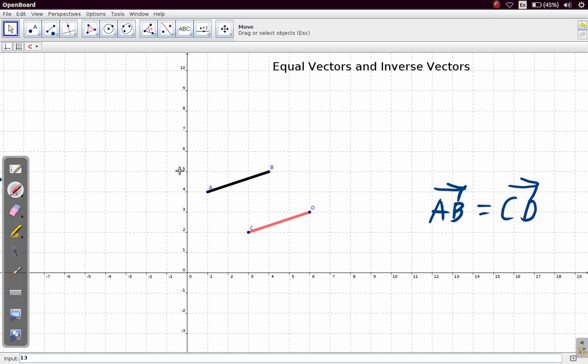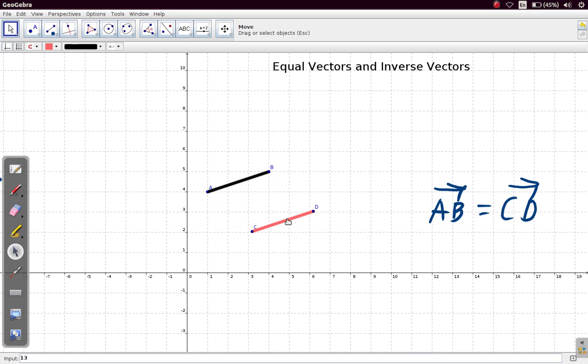I could place an arrow to show from A to B, from C to D, like that. Now, let me move CD upwards. If I make them both start at the same point, you see, they cover each other. You can only see one at the top. One on the bottom is hidden. And you see that they are equal.